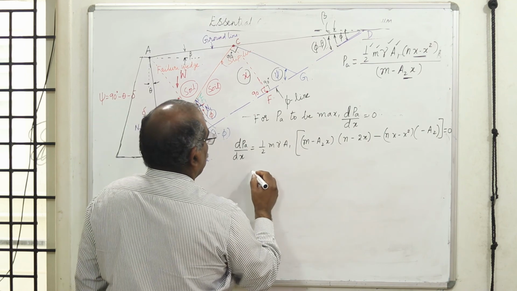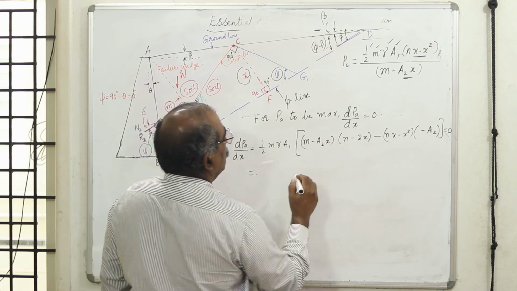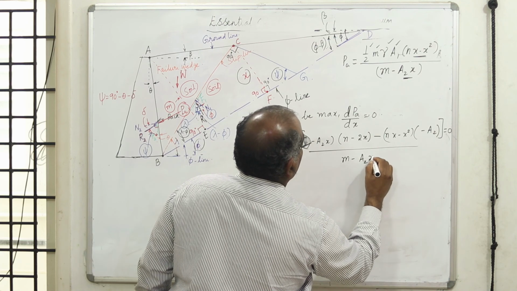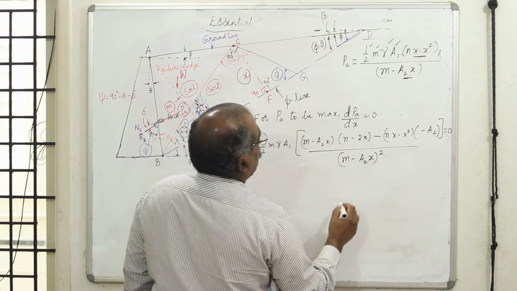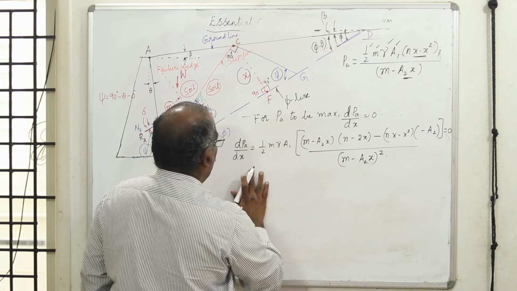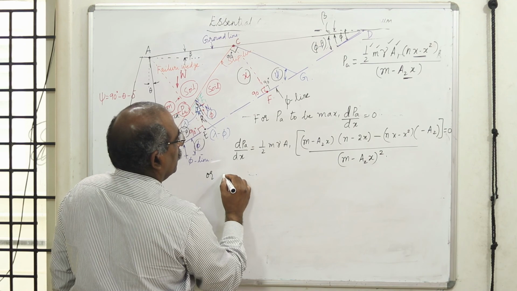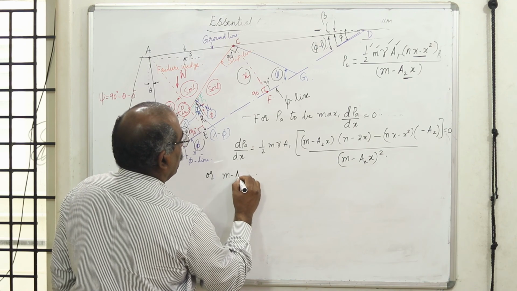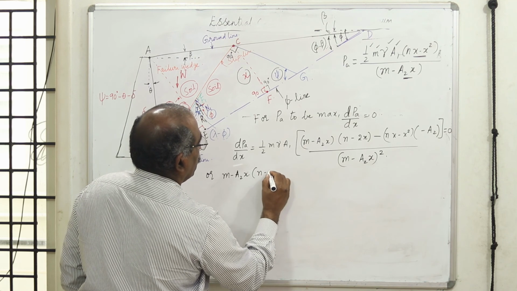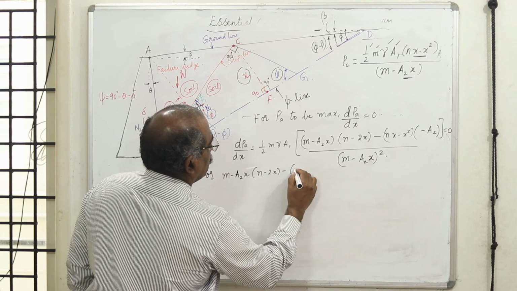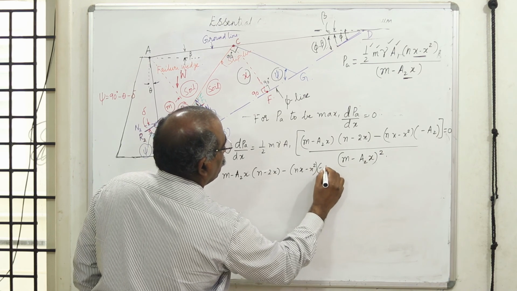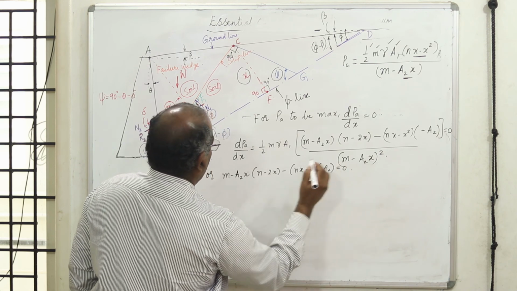Now I can simplify this, divided by the denominator (m minus A2x) whole square. Now when I cross multiply, these two terms will become 0. What happens? (m minus A2x) into (n minus 2x) minus (nx minus x square) into minus A2 is equal to 0.